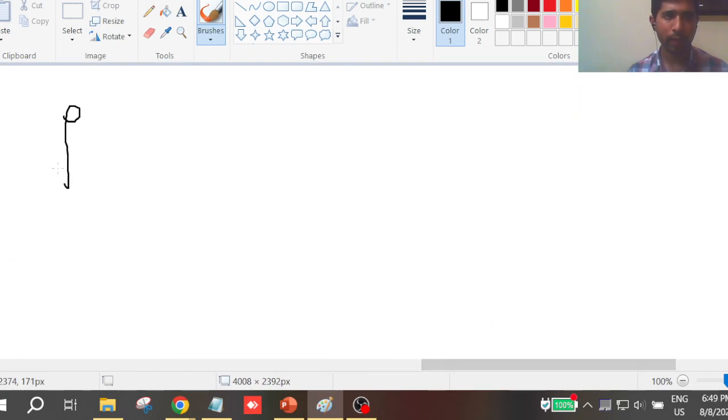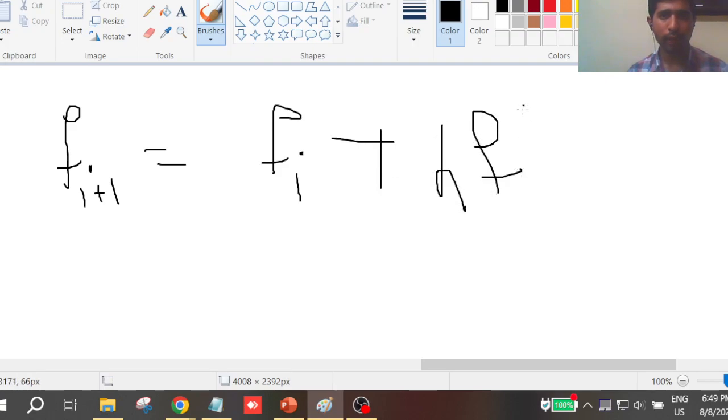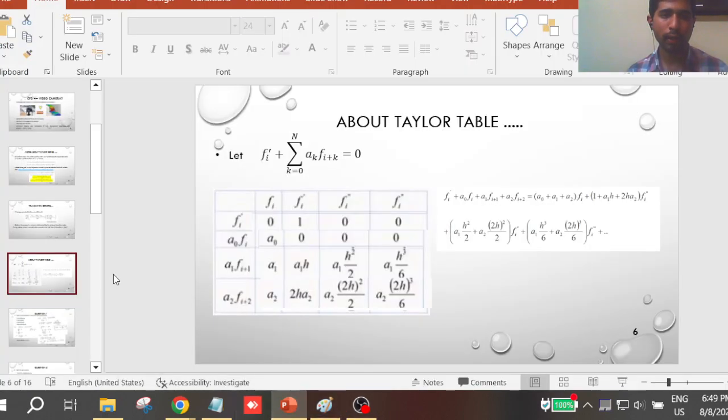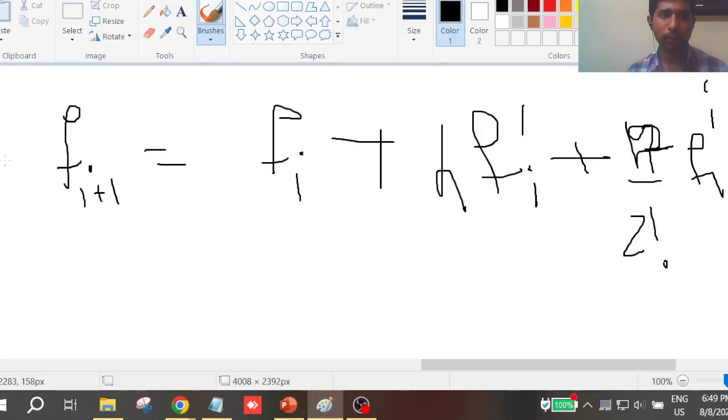Now fi plus 1 is equal to fi plus h into f dash at I plus h square by 2 factorial into f double dash of I, plus again f triple dash will also come. Let me restrict till here. Now you already know that it is multiplied by a1, so just multiply LHS and RHS by a1.